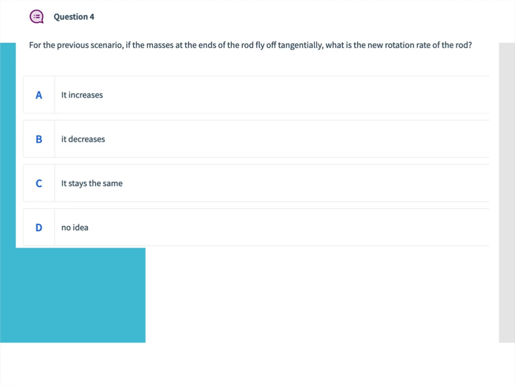The interesting thing in this question is many people want to say, if I look at the top view now of the rod, it's rotating about the center, so it's rotating like this. The masses are at the ends. And then what happens if they fly off?